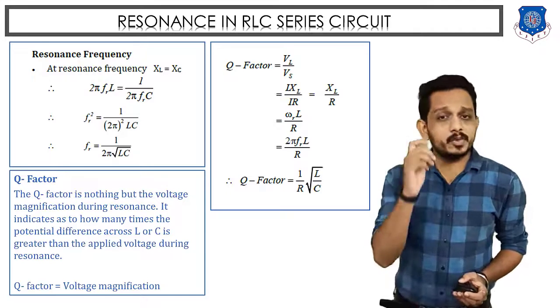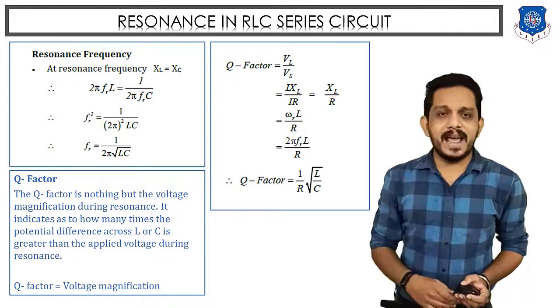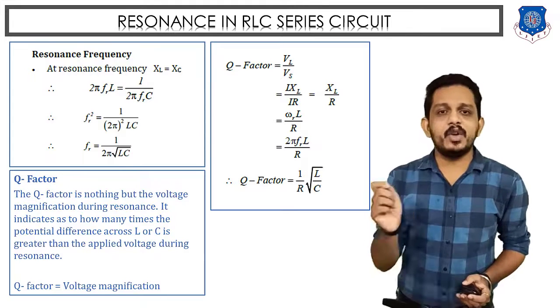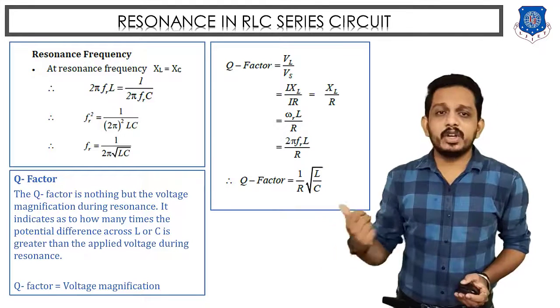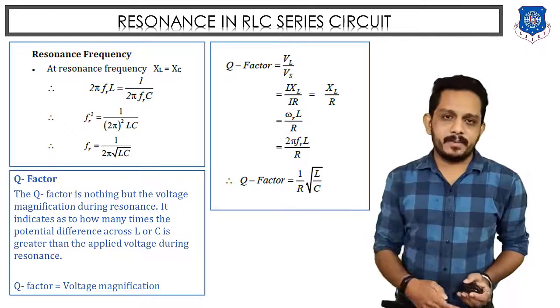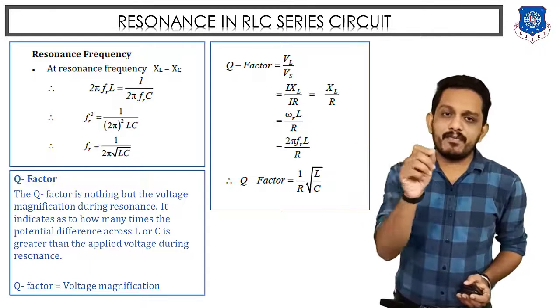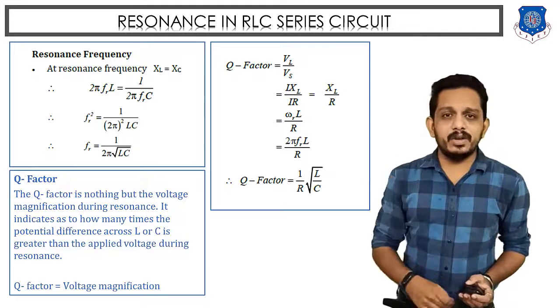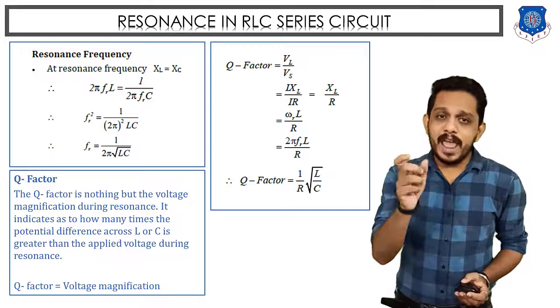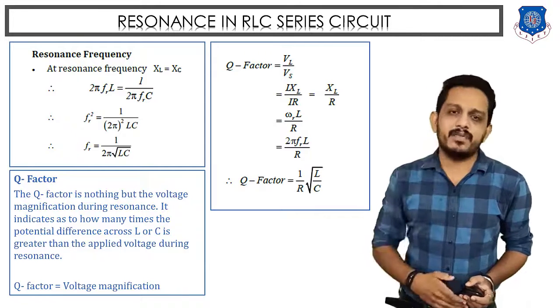Now let's put the value of XL as omega L, and we know that omega is nothing but 2 pi F. So the Q factor has the value 2 pi FL upon R. In this equation 2 pi, L and R are constants, but F is nothing but the resonance frequency.